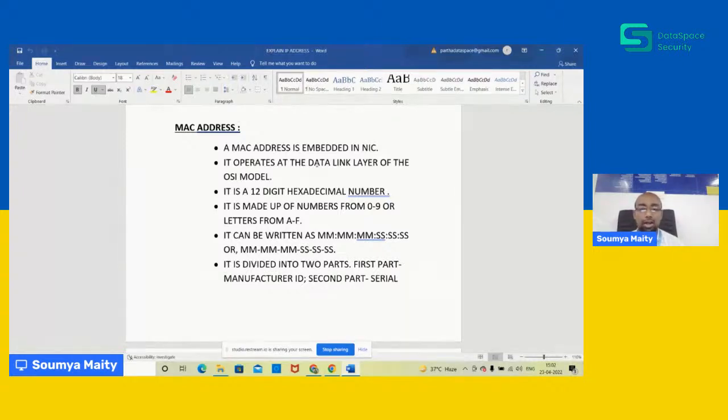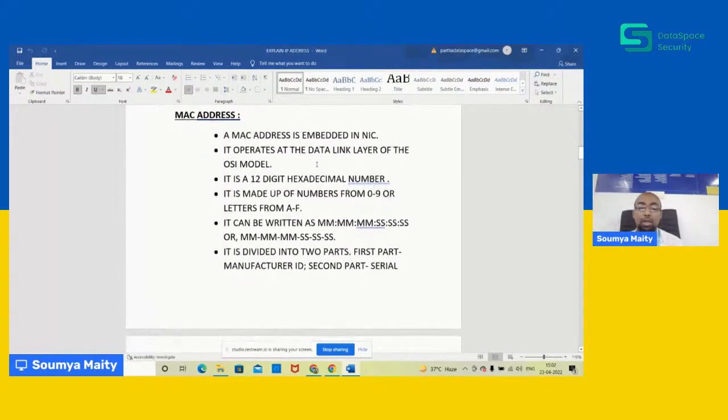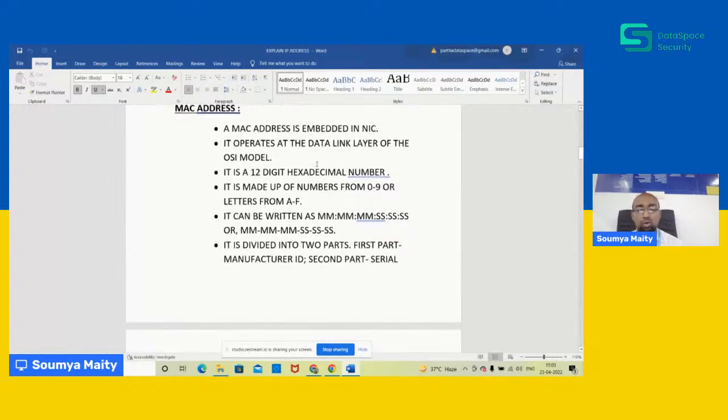Next, it operates at the data link layer of the OSI model. It is a 12-digit hexadecimal number, because the number is a combination of letters and numbers, made up of digits from 0 to 9 or letters from A to F. It can be written as MMM-MMM-SSS-SSS, so it is divided into two parts.